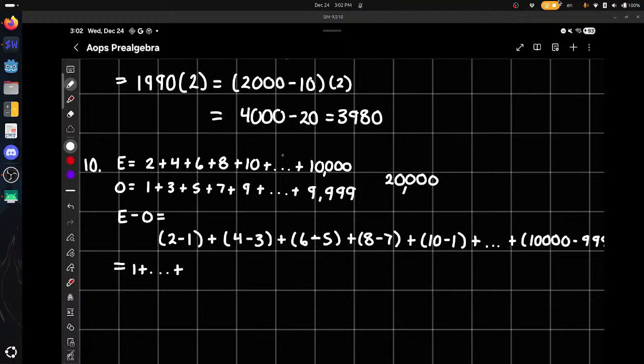Okay, there's 5 numbers here. We're already at 10.